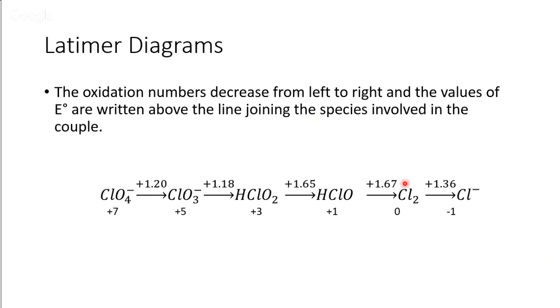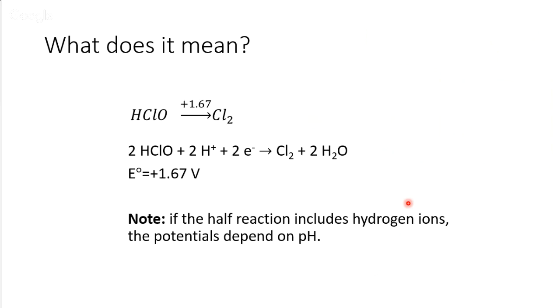So let's look at this pair here, where we have HClO and chlorine gas, in a little bit more detail. What does this diagram really mean? Well, this pair describes the reaction shown here, which we balanced using those exact same steps for balancing in acid or in base, right? So we have 2 HClO plus 2 H+ plus 2 electrons gives us Cl2 and 2 H2O.